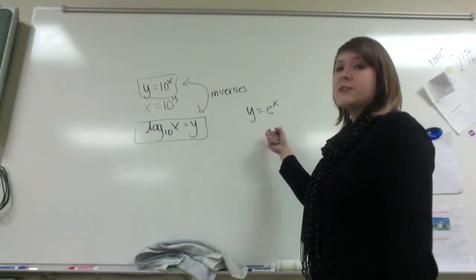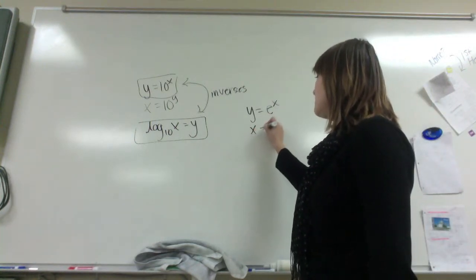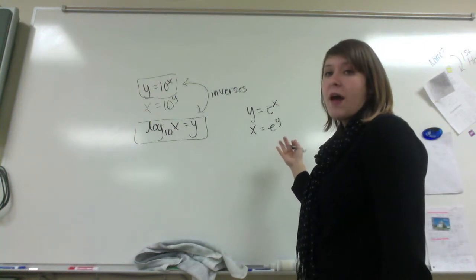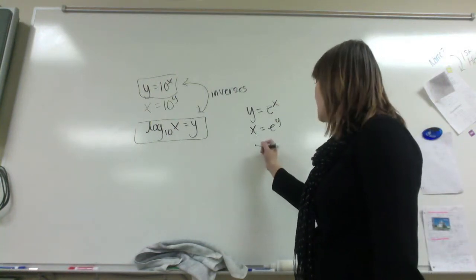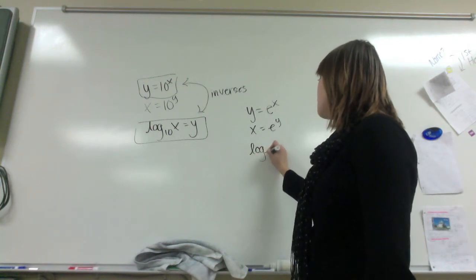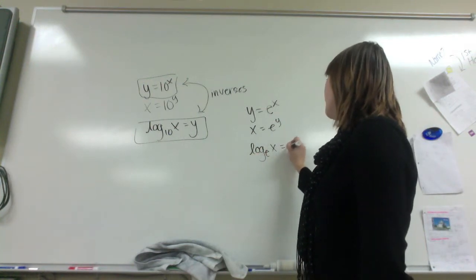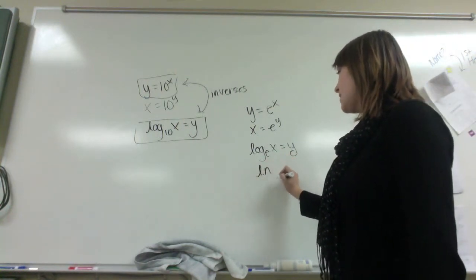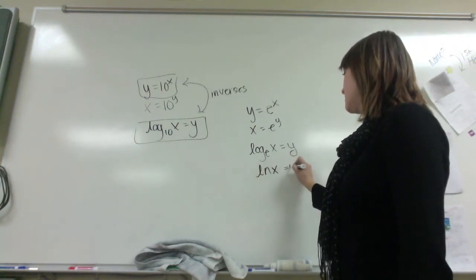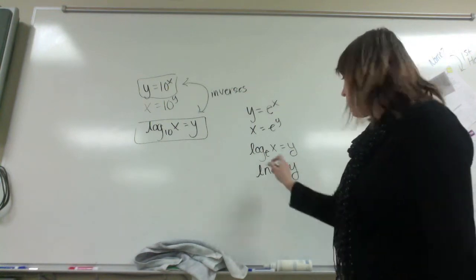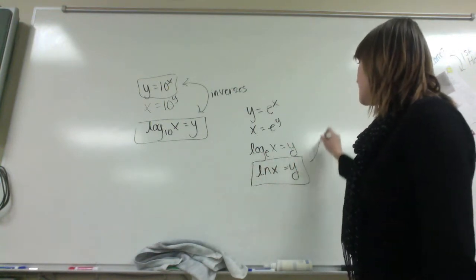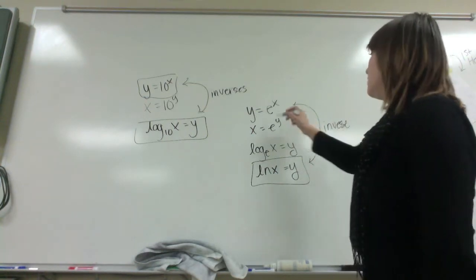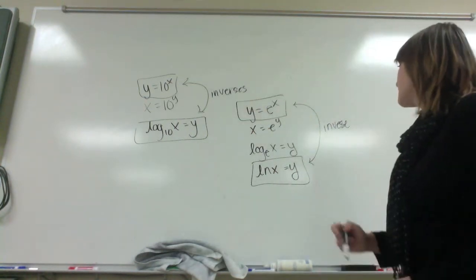So if I want to find the inverse of this one, I'm going to swap my x and y. Then I can solve for y by taking my logarithm. And if you have log base e of x, that is the same thing as the natural log of x. So this is the inverse of y equals e to the x.